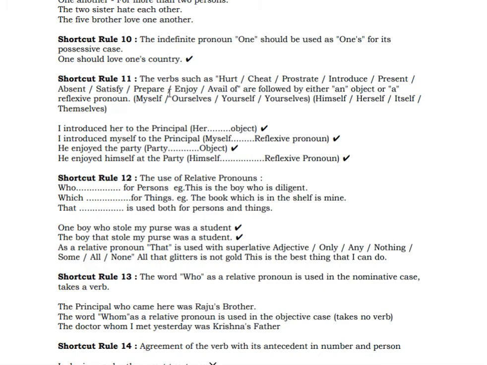I introduce her to the principal. So what should be used there? There, a reflexive pronoun has to be used. If it's a reflexive pronoun, what should be used? Myself. I introduce myself to the principal. You got it now? Not I introduced her. So I introduced myself to the principal.